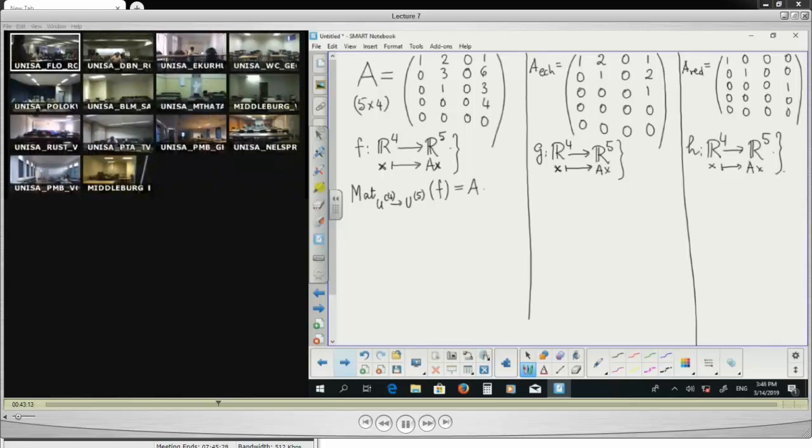Right? Now let's see. Remember that was one of my very strong propositions, how to construct linear transformations from finite dimensional vector spaces. It is enough to know its values on the basis vectors. Good. So now R4 has 4 basis vectors.